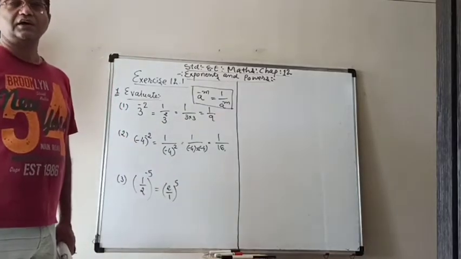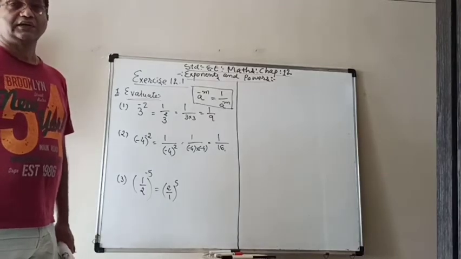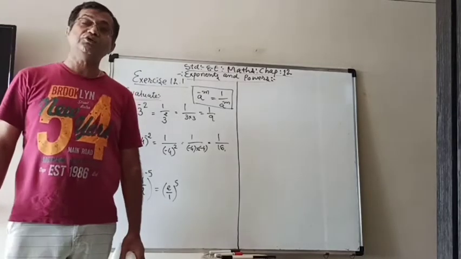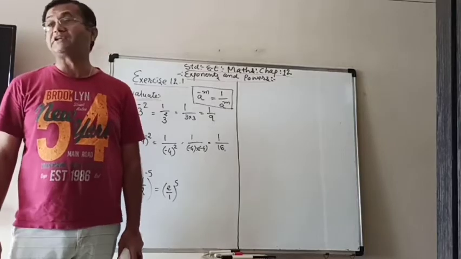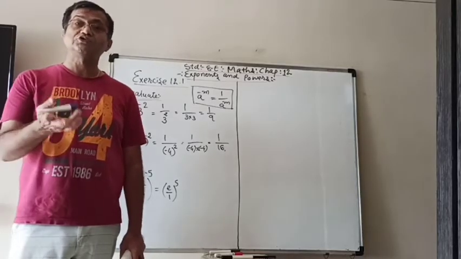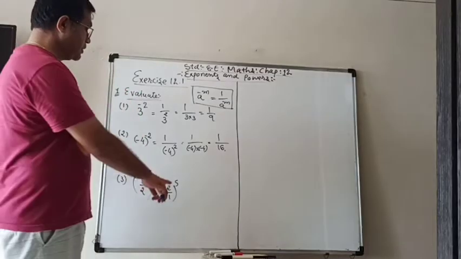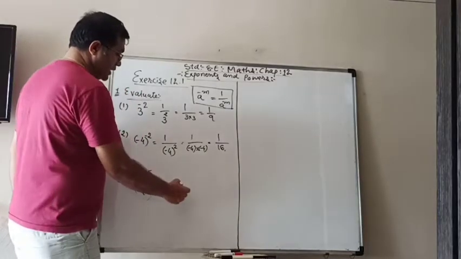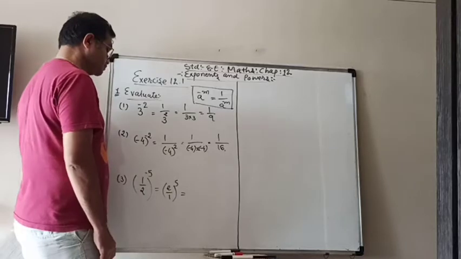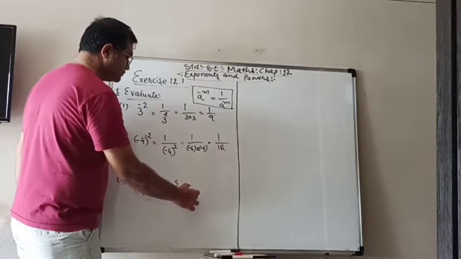So when there is a fraction and we want to make the power negative to positive, we just make the reciprocal and the power will be positive here. So now 2 upon 1 is 2 only.